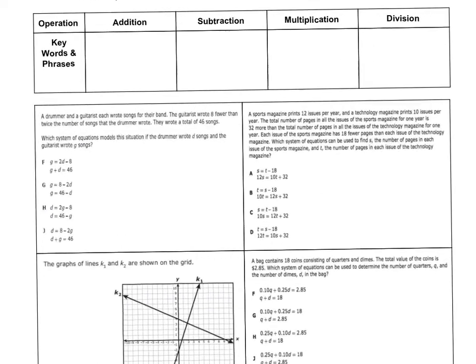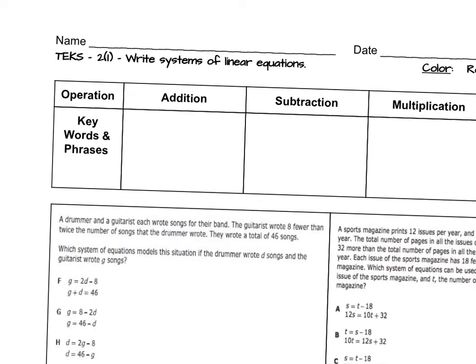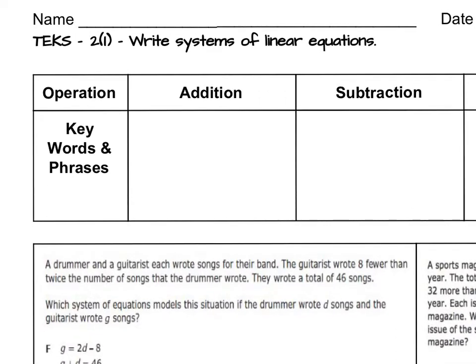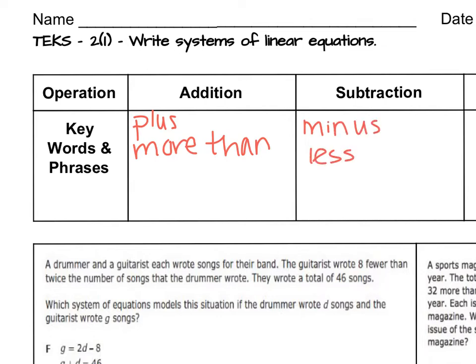For this skill, one of the biggest things we're going to talk about is some of the words that mean the same thing as addition, subtraction, multiplication, and division. So for addition, we want to think about things like plus and more than. Subtraction would be things like minus, less than, fewer, and so on.